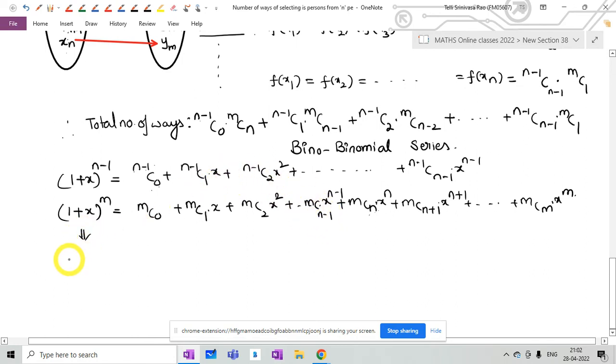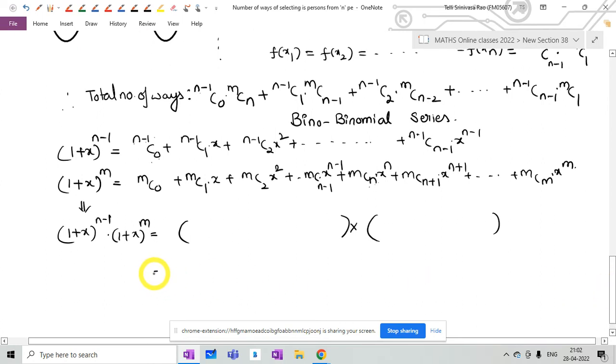So if you multiply (1 plus x) whole to the power of n minus 1 into (1 plus x) whole to the power of m, equal to... Now multiply the first binomial with the second binomial. We will get some constant term, which is (n minus 1)C0 into mC0, constant into constant. Similarly, some x term will be there, some x squared term will be there.